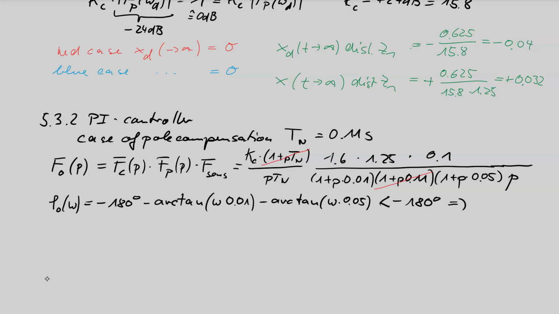That means in the open loop case, in this situation, no positive phi r is possible. If you close the loop, it is unstable. No chance.